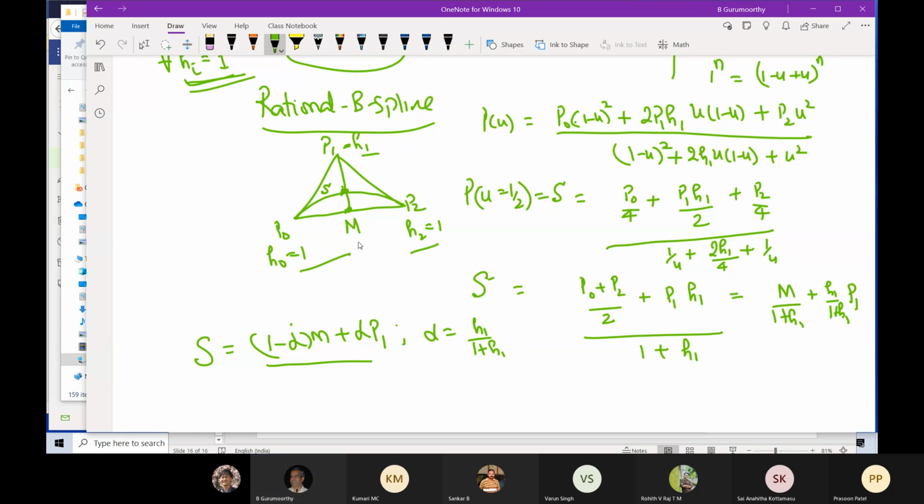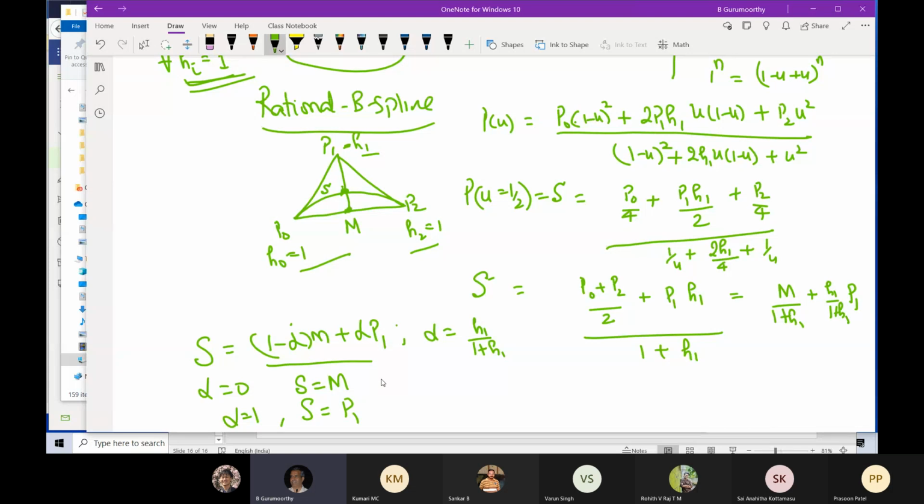Now, when alpha is equal to 0, the point corresponding to u equals half is M. And when alpha is equal to 1, the point corresponding to u equals half is P1. That's a straightforward interpretation of a linear interpolation equation here.